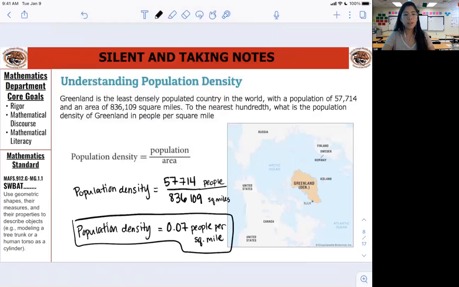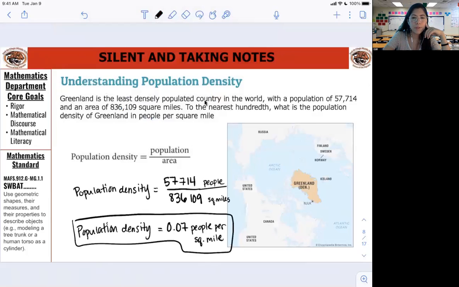Population density. Now, by comparison, I'm going to quickly Google population density of Miami. Let's find out. Ooh, you guys want to know what it is? If this is the population density of Greenland, what do you think it's going to be? Give me an estimate for the population density of Miami.